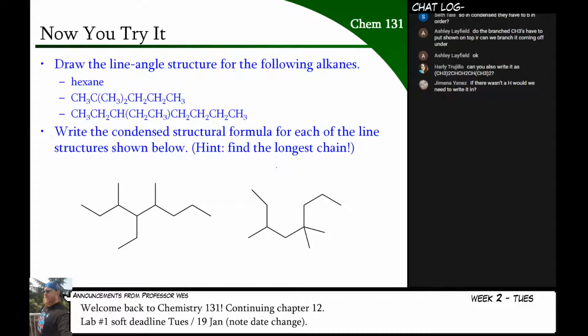What the heck is hexane? What do you think hex means? This is sort of me trying to prepare you for the next section, but if you don't know, feel free to just type hexane in Google and see if you understand why it's called that. Because when we start naming stuff in the next section, this will become obvious. Okay? So give this a shot. I'm going to give you like 2 or 3 minutes to try these, and we'll go over the answers together. Okay? See you in a bit.